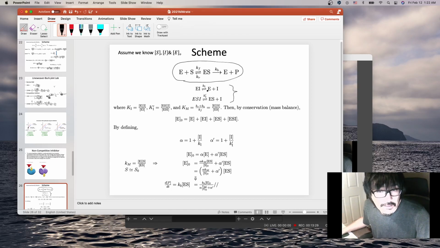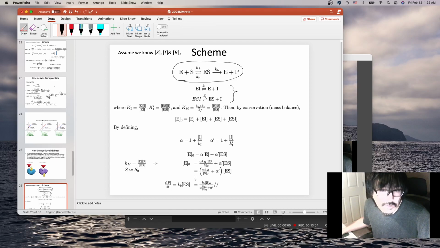So this one right here, the equilibrium constant, product over reactant, you get E times I divided by EI, right? And then the same here, ES times I over ESI. And then Km is pretty much the same as in the previous one. It comes from the steady state approximation.